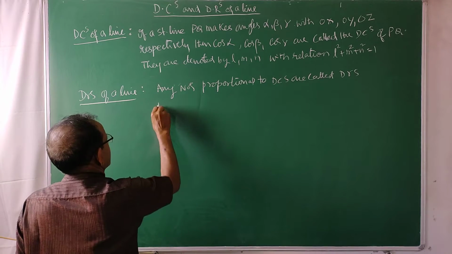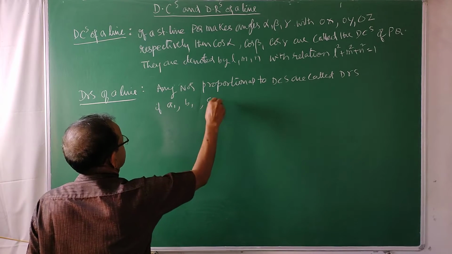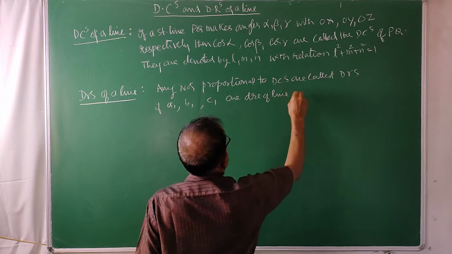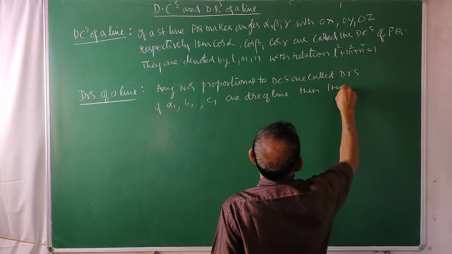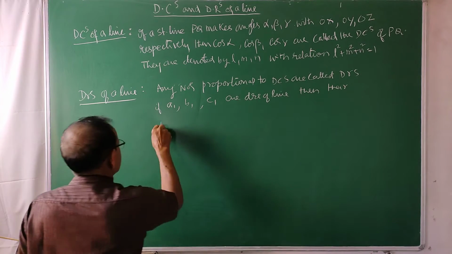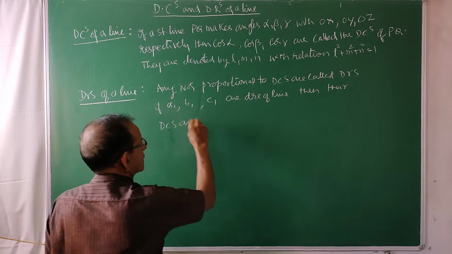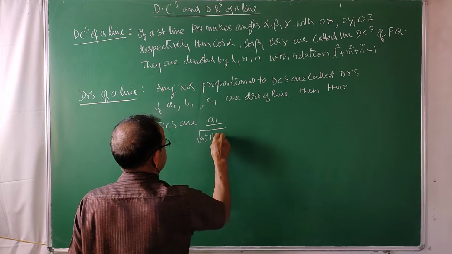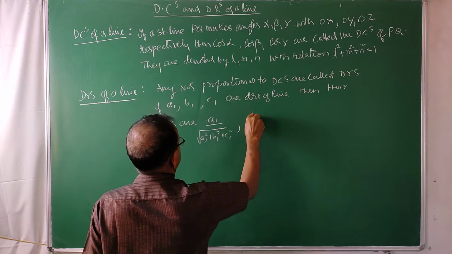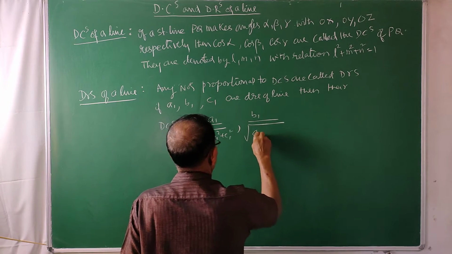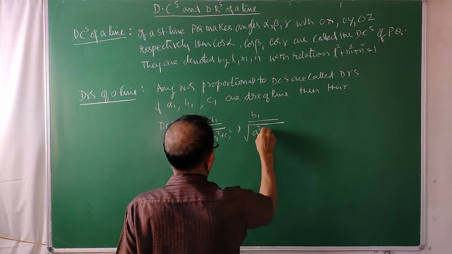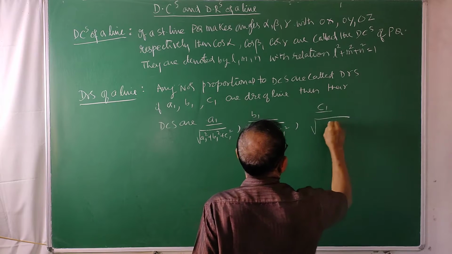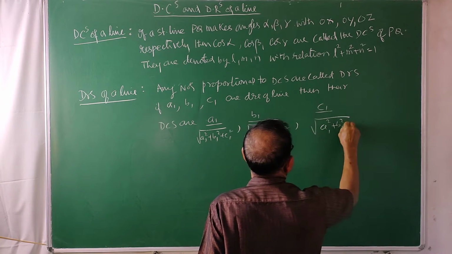Suppose a1, b1, c1 are DRs of a line, then their DCs are a1 by root of a1 square plus b1 square plus c1 square, b1 by root of a1 square plus b1 square plus c1 square, and c1 by root of a1 square plus b1 square plus c1 square.